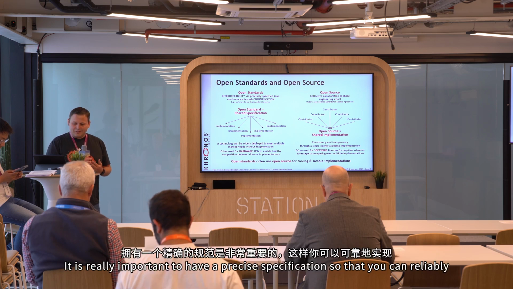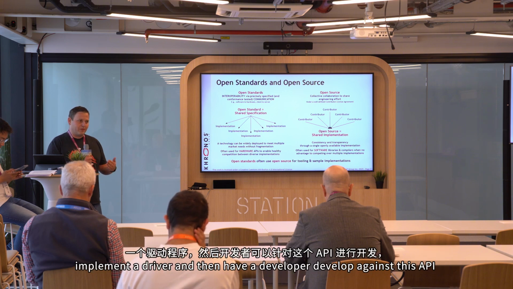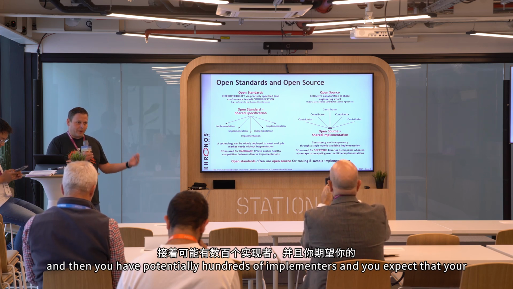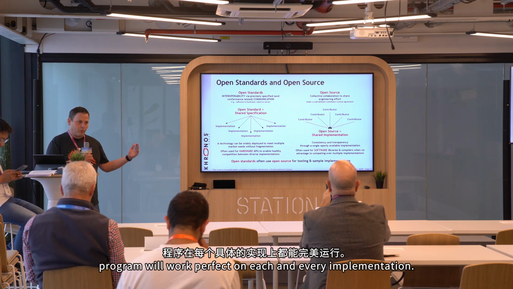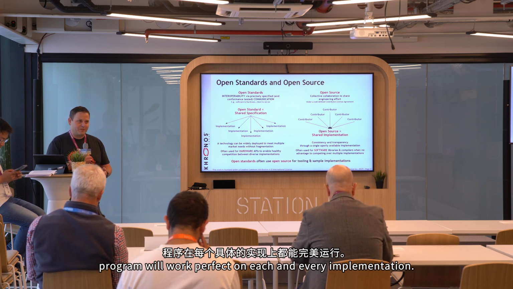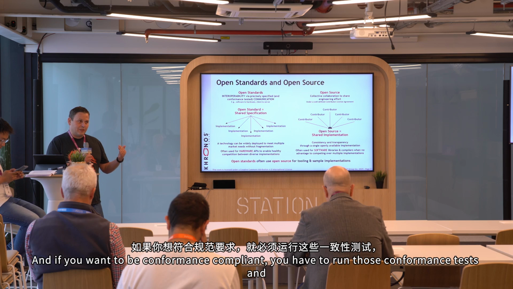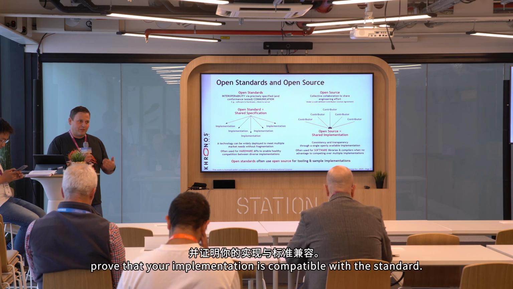It is really important to have a precise specification so that you can reliably implement a driver and then have a developer develop against this API, and then you have potentially hundreds of implementers, and you expect that your program will work perfectly on each and every implementation. This is ensured by open standards also defining conformance tests. If you want to be conformance compliant, you have to run those conformance tests and prove that your implementation is compatible with the standard.